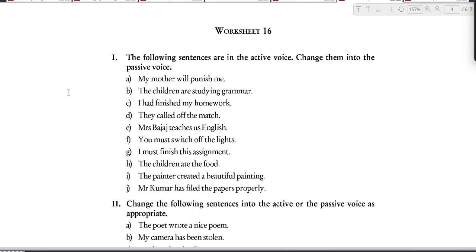The children are studying grammar. The grammar is studied by the children. Are you sure?